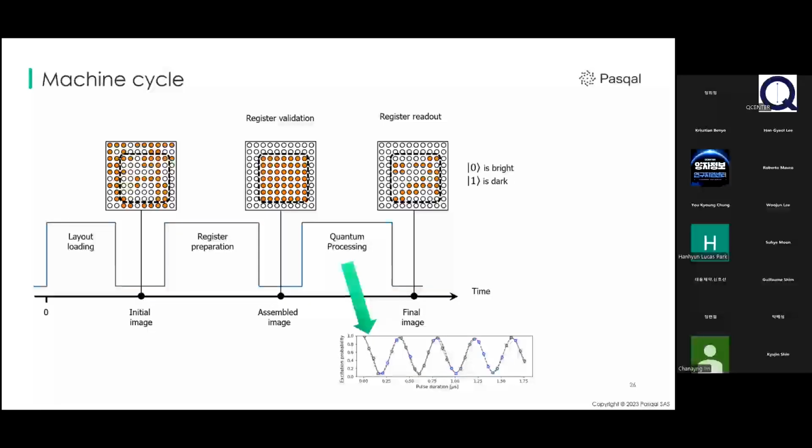To give you an order of magnitude, for the computation cycle, once you have the atoms where you want them, carrying out the computation takes typically one or a couple of nanoseconds.